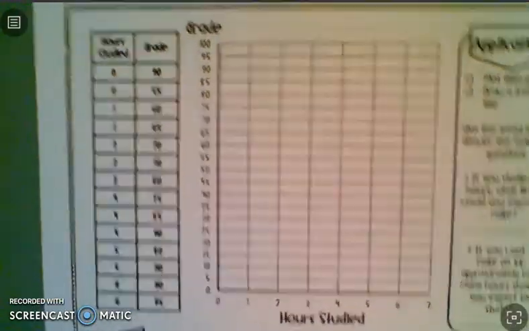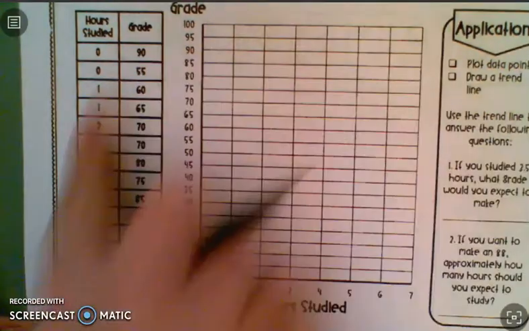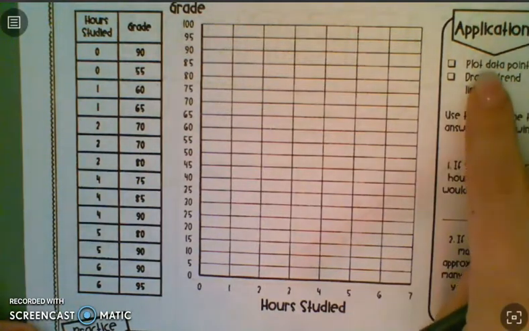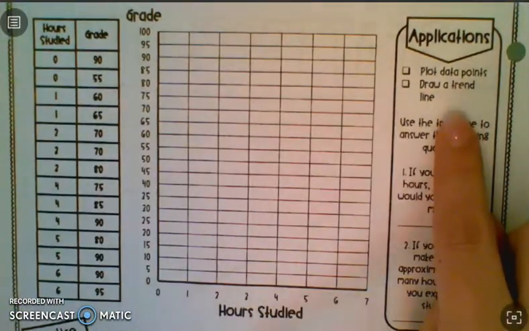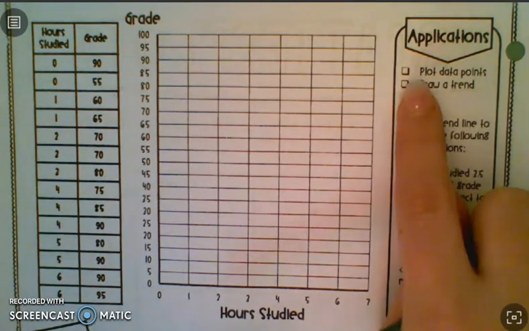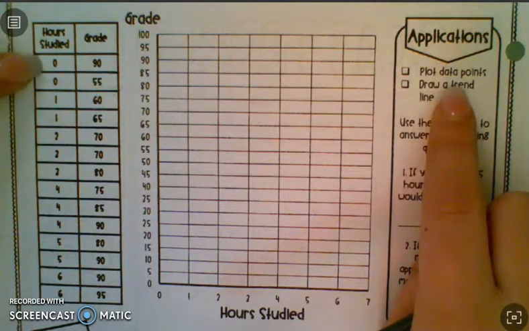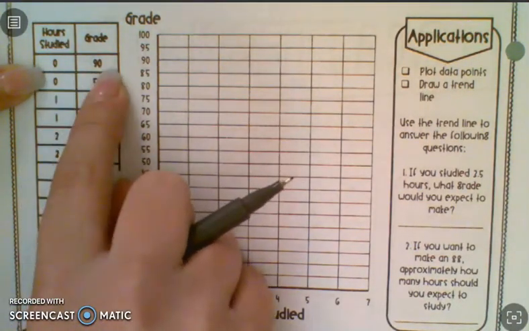Okay, so let's go to the back. The first thing we're going to do is plot the data points, and then we're going to draw a trend line. When you draw a trend line, please use a ruler. So let's go ahead and plot these data points. 0 hours studied goes with 90.